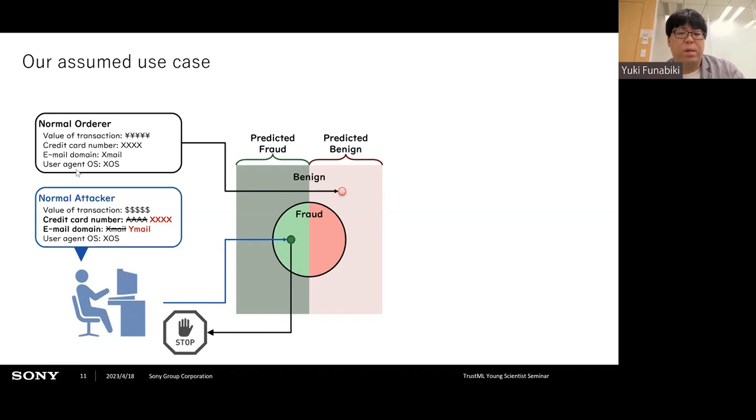But in the ideal story, the normal attacker can tamper with their input, but the fraud detection model can detect such a fraud order. So the normal order is predicted as benign, and the normal attack order will be predicted as fraud. This is the first business use case.